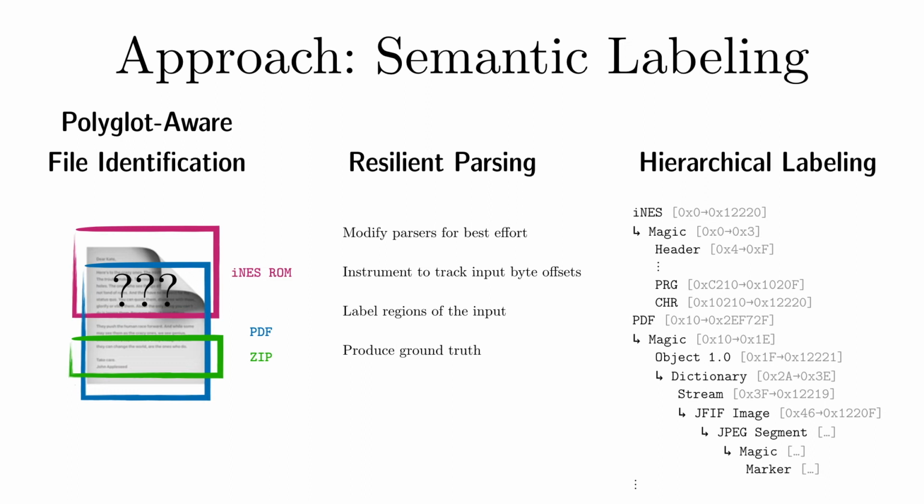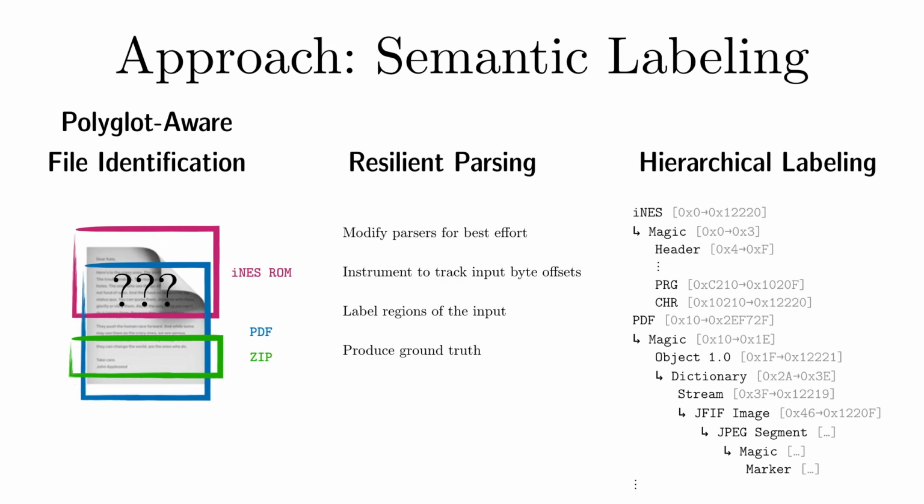And then for a subset of those formats that we have resilient parsers for, so if we identify that, oh, it looks like a PDF is starting at byte offset 10, let's take our PDF parser that's been instrumented to keep track of initial byte offsets and parse the PDF and emit an AST that has been annotated with all of the lexical information that we retained from the parsing process.